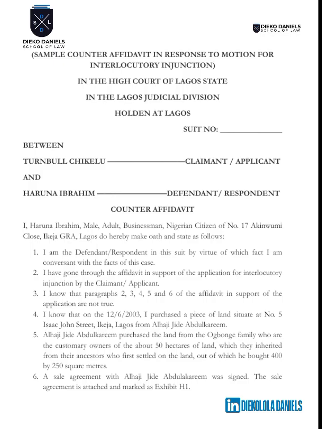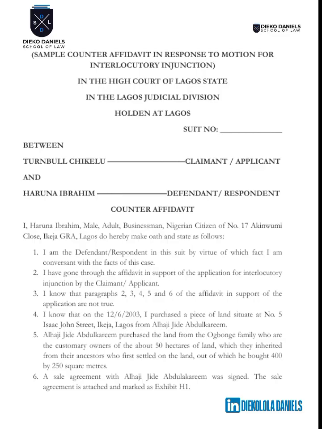So that paragraph is telling us that there was a purchase. And then he said in paragraph 5 that this person had this land from the Ogbonge families who were the customary owners. That's another paragraph, containing one information. Now we are going to paragraph 6.